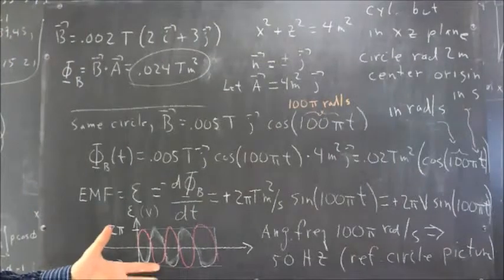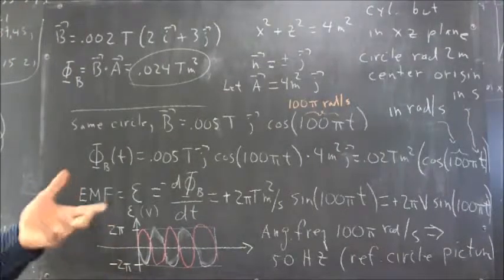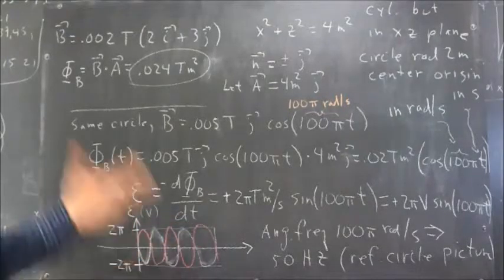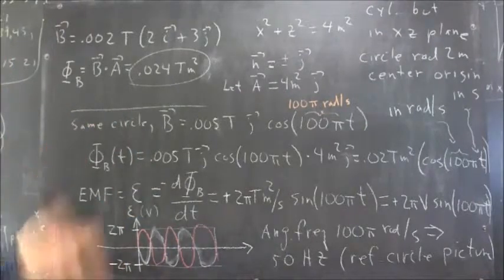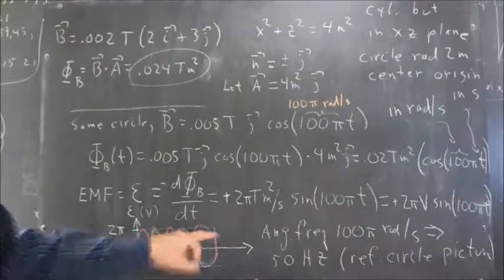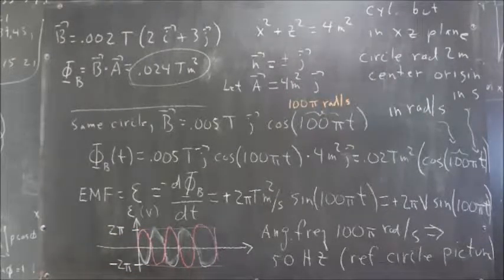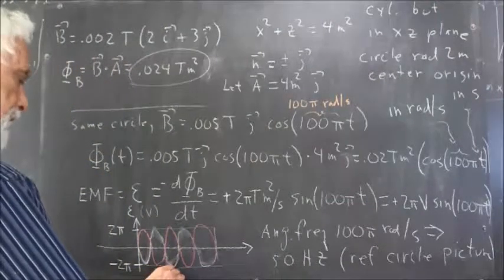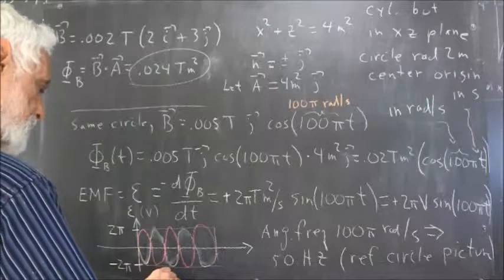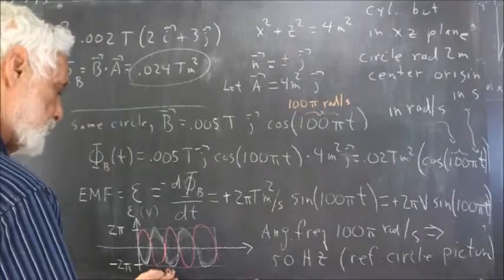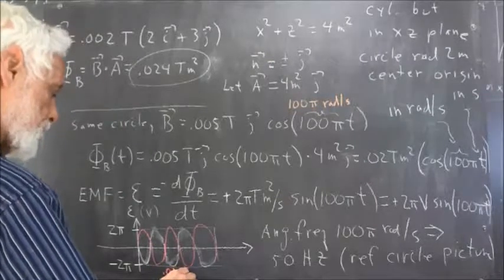And the reference circle picture can reinforce what you do with a formula if you do use a formula. Highly recommended. The picture's much easier to remember than where the 2 pi's go, numerator, denominator, or is it 4 pi, or is it something else? In any case, right there's your picture, and the frequency is 50 hertz, and that means, of course, that one cycle takes 1/50th of a second, so that right here is 0.02 seconds.